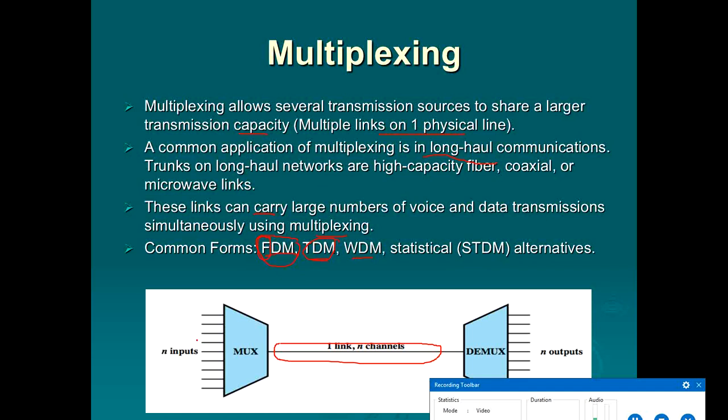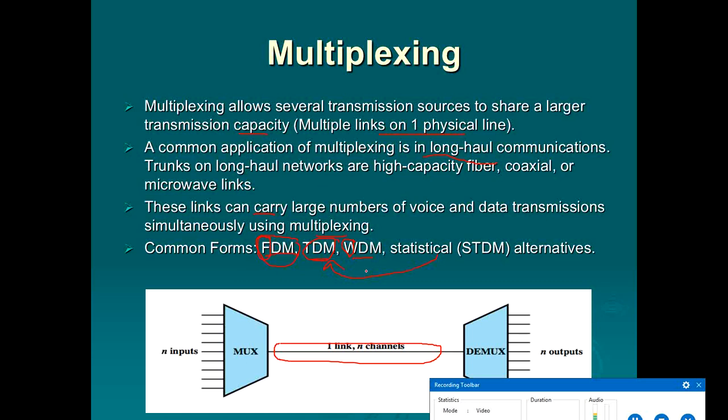That is called frequency division multiplexing. Time division multiplexing is based on time. In this case, a time slot is given to each user. Wavelength division multiplexing is when the multiplexing of the signals is done based on the wavelength. And the last one is statistical time division multiplexing. It is actually a form of time division multiplexing, but it has some more parameters.